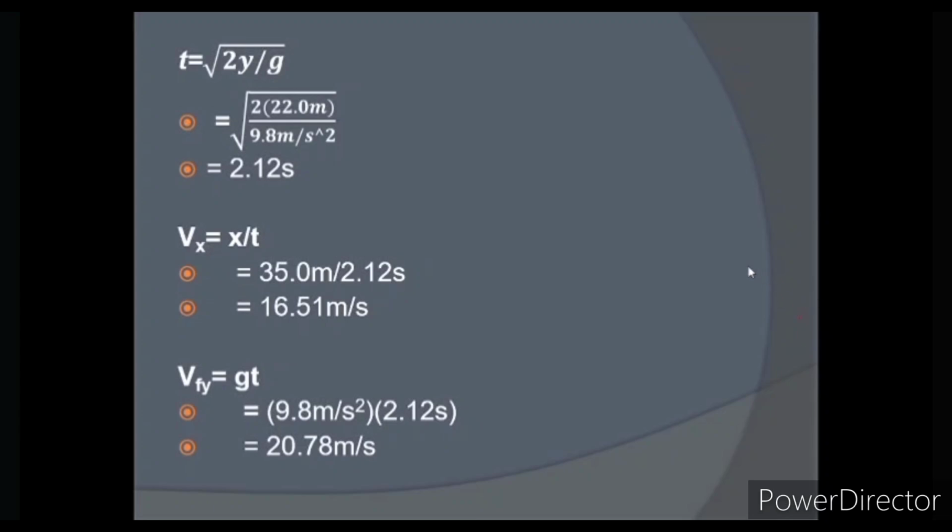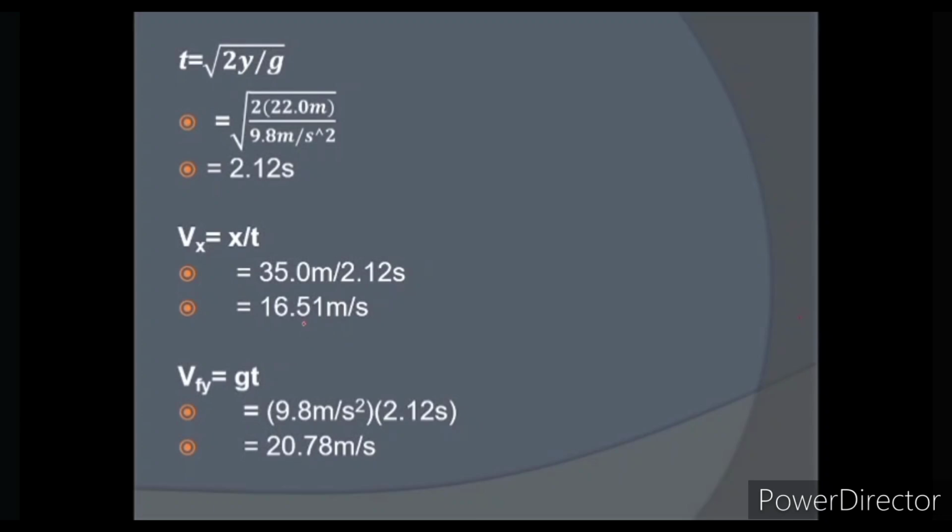Divide by your time, which we got as 2.12 seconds, is equal to, and then this one. So the answer would be 16.50943. So we round off to 2 decimal places, and we have 16.51 meters per second.